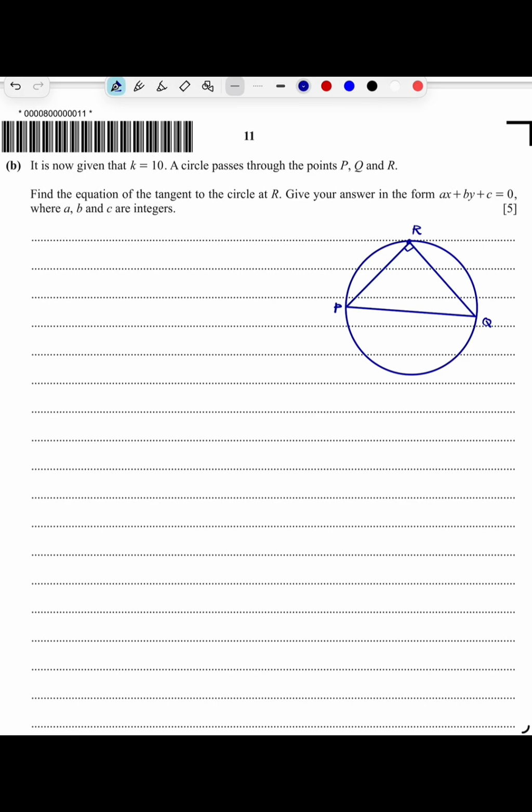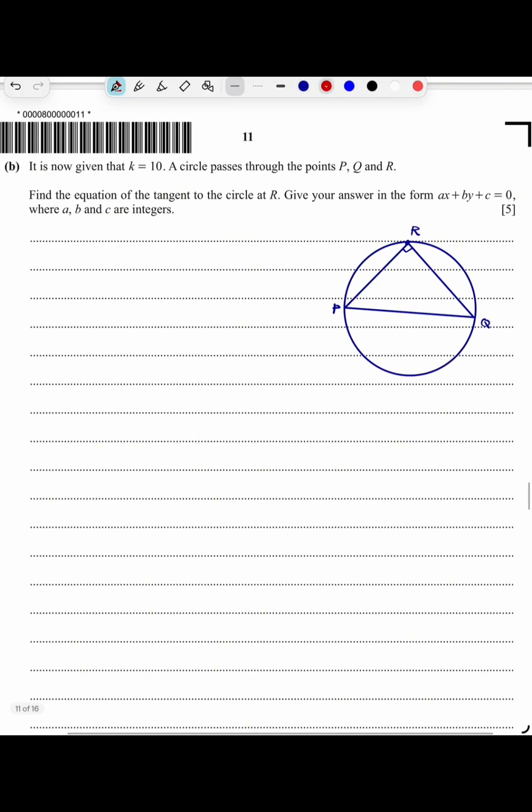Find the equation of the tangent to the circle at point R. Okay, sort of like इसकी equation वो पूछ रहा है. So this is the tangent line, L1 कह देते हैं. Okay, nice.